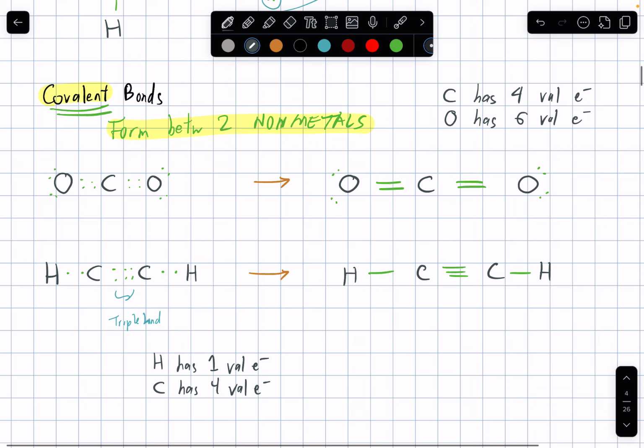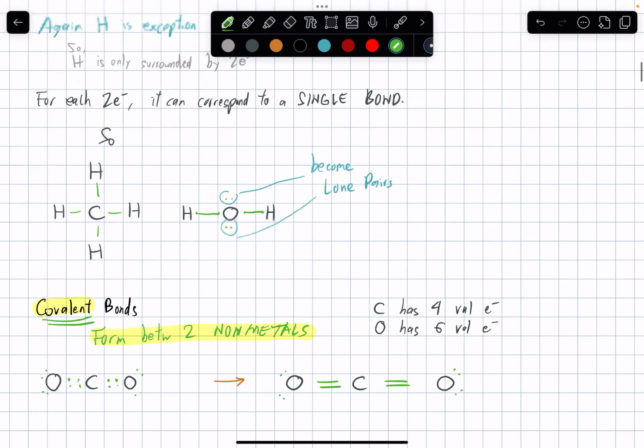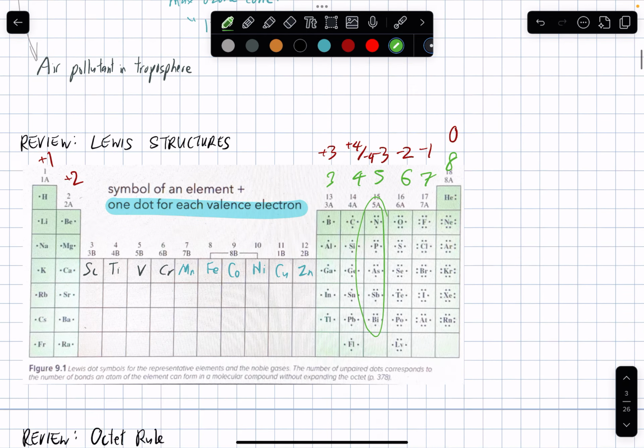Okay, covalent bonds again. This is defined by the formation between 2 nonmetals. So coming from here, carbon has 6, right? So let's count that. 1, 2, 3, 4, 5, 6. These all belong to carbon. How about oxygen? Wait a minute. Carbon only has 4, right? Okay.